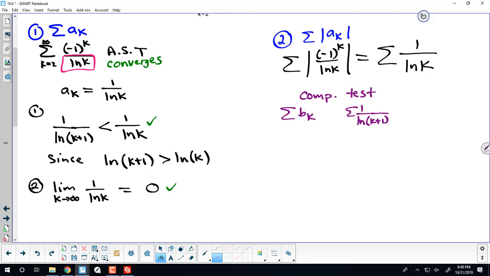So answering the question, does the 1 over ln k converge, and picking a series like this that's super similar to it isn't doing any favors. So you want to pick something that you know converges or diverges pretty easily.